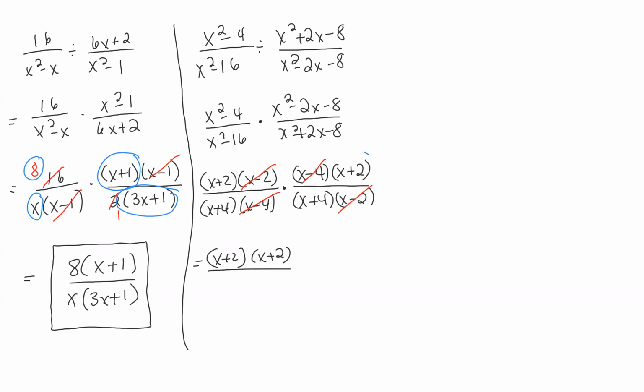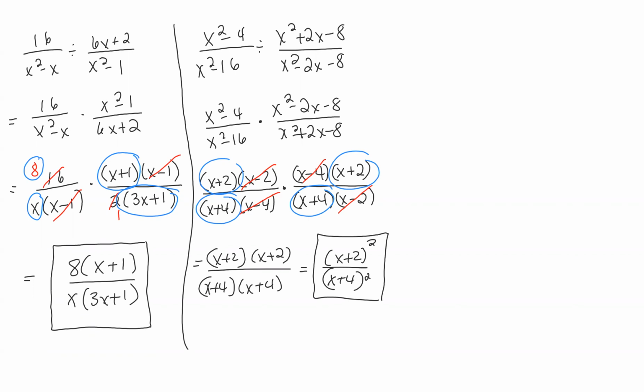You can see that here and here. And then in the denominator, I get x plus 4 times x plus 4. And a lot of times you would see this written as x plus 2 quantity squared over x plus 4 quantity squared. So that would be your final answer.